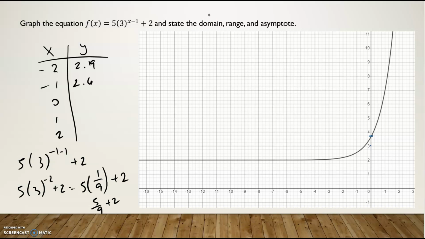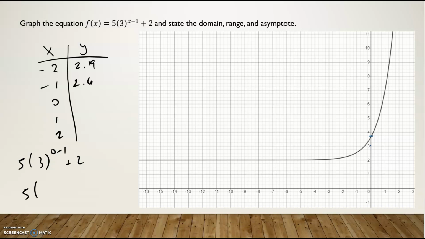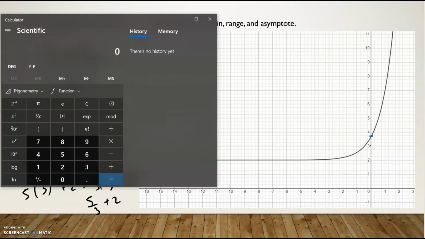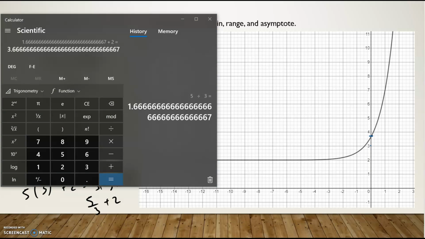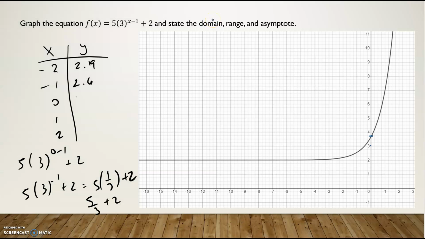Okay, 0. Let's plug in 0. So 0 minus 1 plus 2, so 5 times 3 raised to -1 plus 2, 5 times 1/3 plus 2, so 5 over 3 plus 2. 5 divided by 3 plus 2, 3.7.